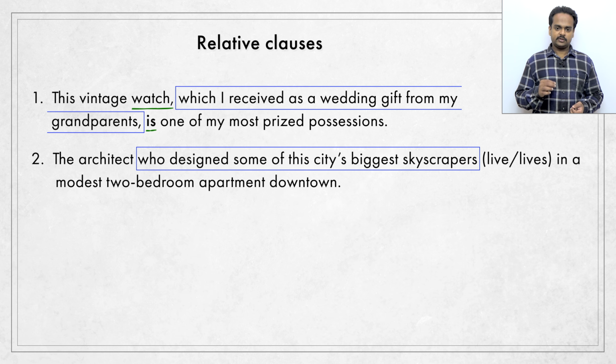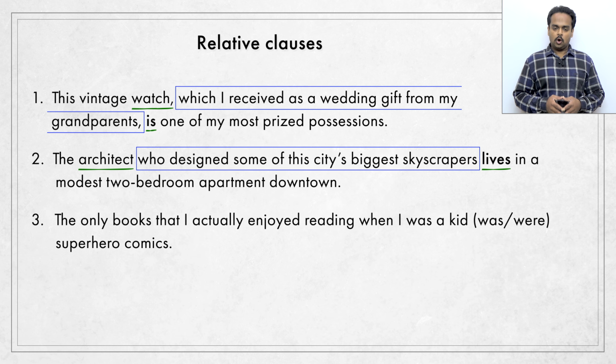Who designed some of the city's biggest skyscrapers is the relative clause. It tells us something about the architect. So architect is the subject here. Skyscrapers is not the subject. Architect is a singular noun. So the architect who designed some of the city's biggest skyscrapers lives in a modest 2-bedroom apartment downtown.